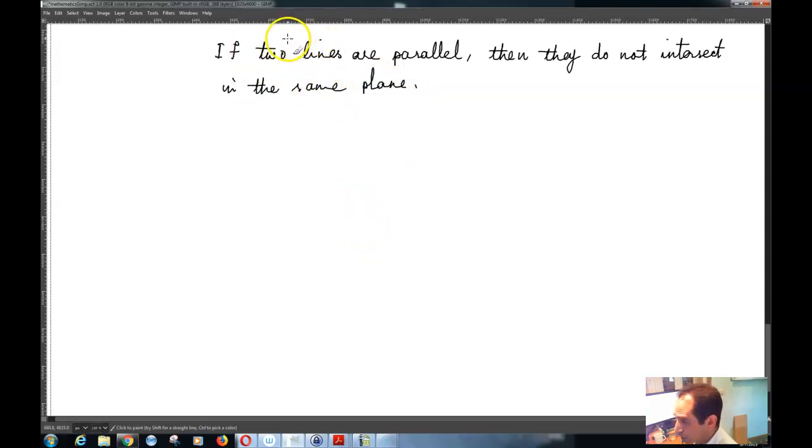Now the contrapositive of this would be if not q, then not p.